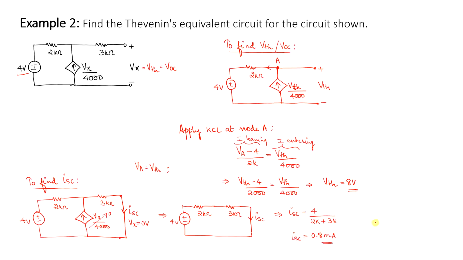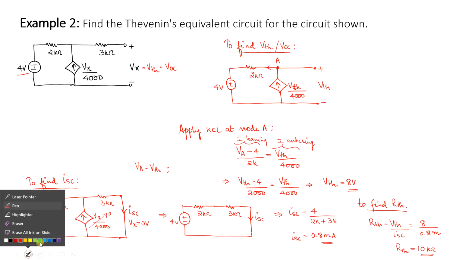R Thevenin is equal to V Thevenin divided by ISC. So this is 8 divided by 0.8 milli. The value is 10 kilo ohms. So the question says you have to find the Thevenin equivalent circuit. So let us draw the Thevenin equivalent circuit.